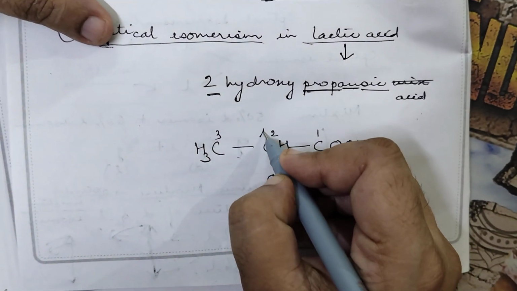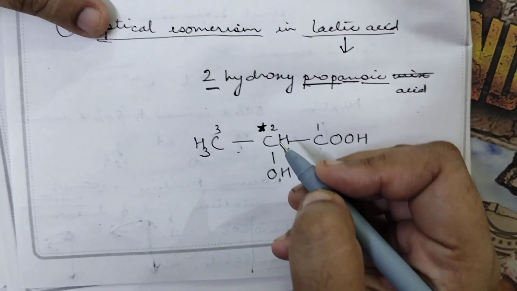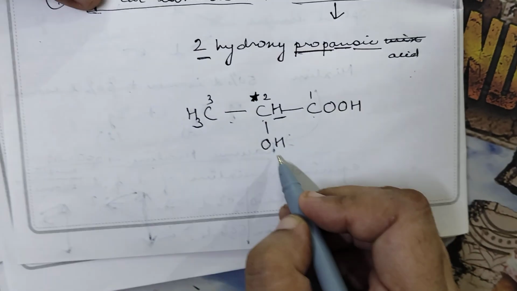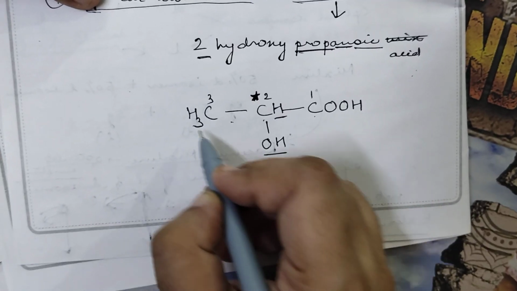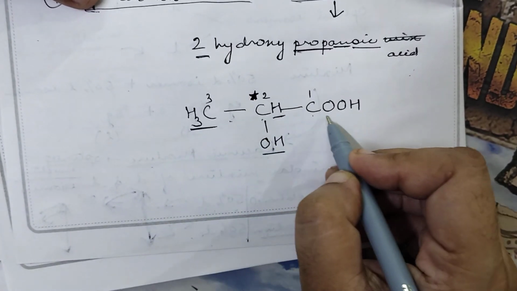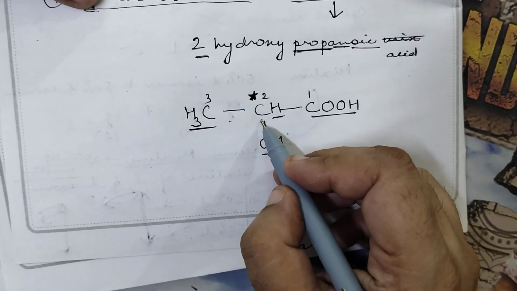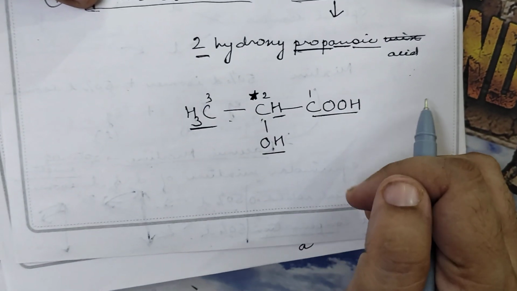Now this carbon is chiral. Why? Because this is connected to H, first group, OH, second group, CH3, third group, and COOH, fourth group. That is, this carbon is connected to 4 different groups.